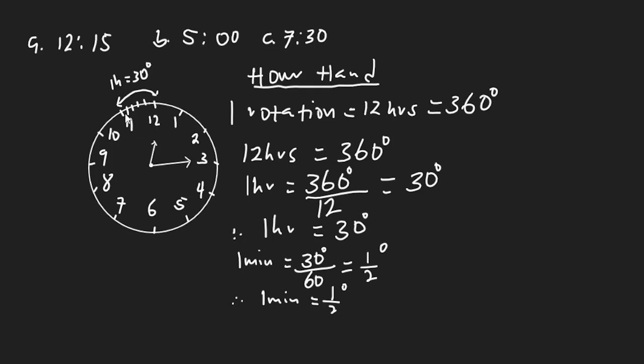The hour hand moves from here to here in 1 minute, that is 60 seconds. So therefore, for the hour hand we have 30 degrees per hour plus 1/2 degree per minute.